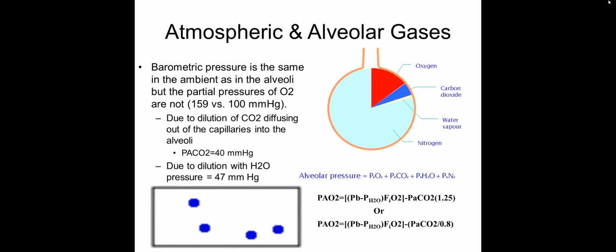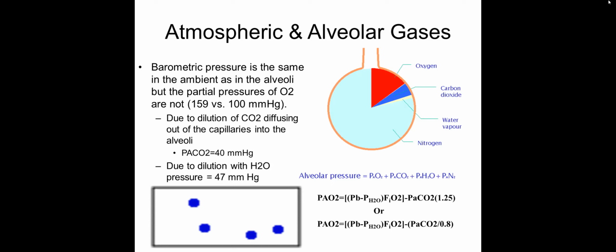So let's move on to these alveolar gases. We talked about barometric pressure, which is the same as ambient pressure, which is also the same as alveolar pressure when there's no movement of air. That means if I'm holding my breath in or holding my breath out.